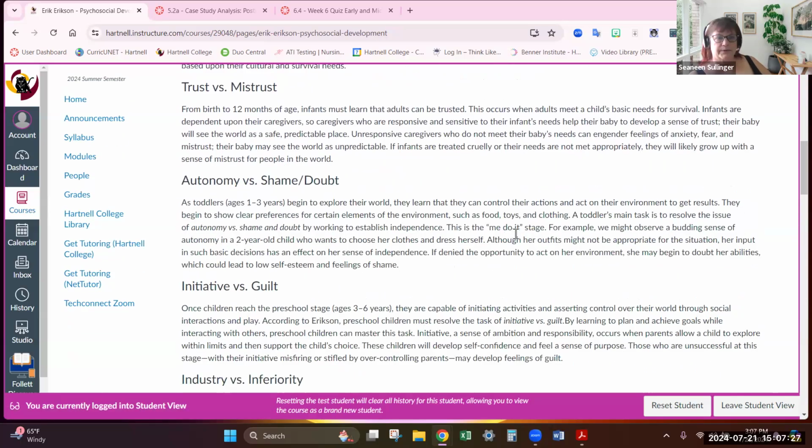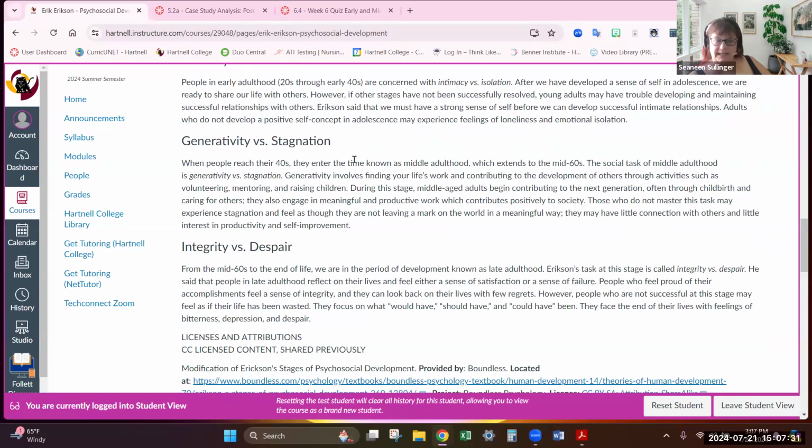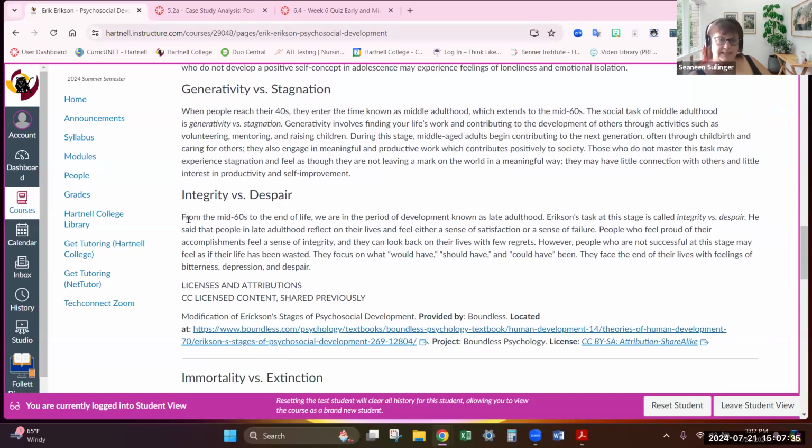Because for middle adulthood, we talked about generativity versus stagnation. And then in the last age group, from the mid-60s to end of life, in the period of development known as late adulthood, which we've been talking about, it's ego integrity, or integrity versus despair.